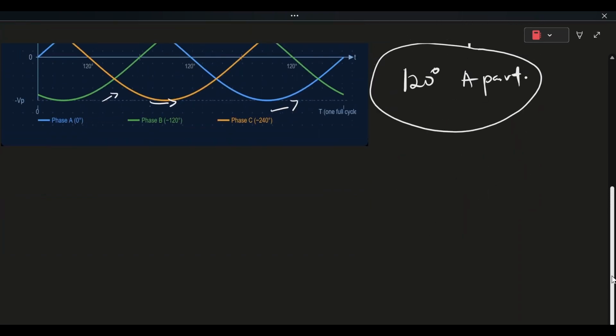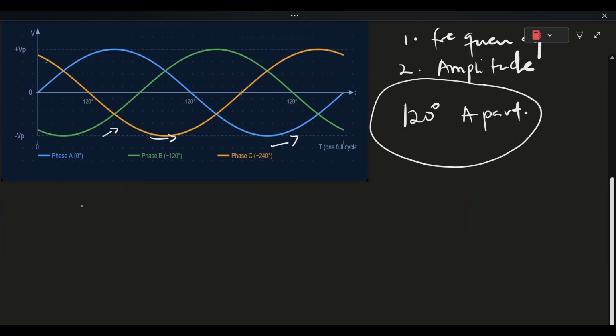Now, find the voltage of each of these phases. For example, the voltage of VA would be equal to the maximum voltage of VA, which is this point, let's say Vm, sine of open bracket omega t.